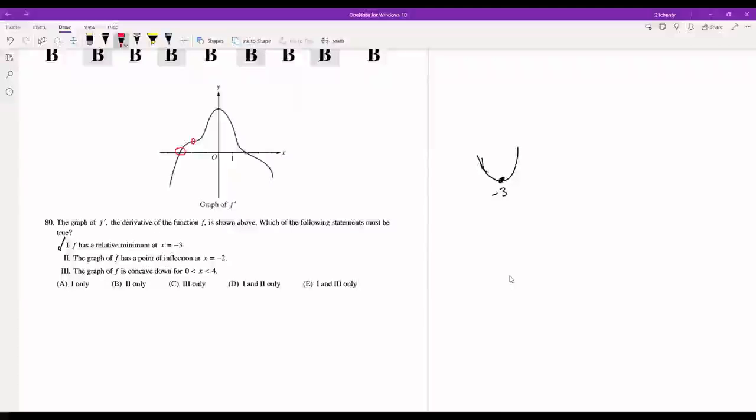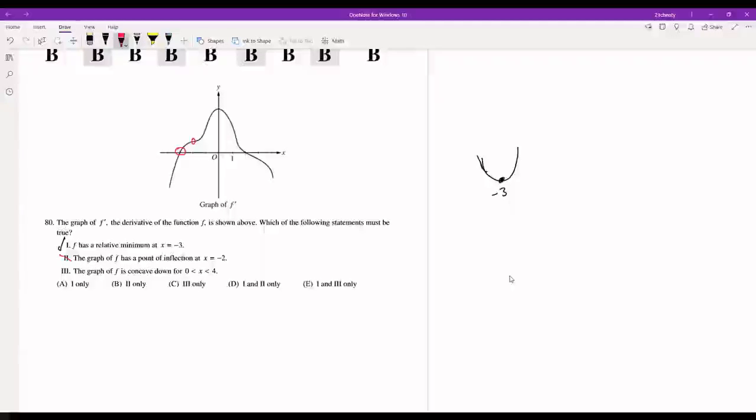So that doesn't happen in this case. It's kind of confusing to look at it this way, but the derivative graph at x equals negative 2 continues to increase, meaning the derivative of this continues to be positive, so there is no point of inflection.